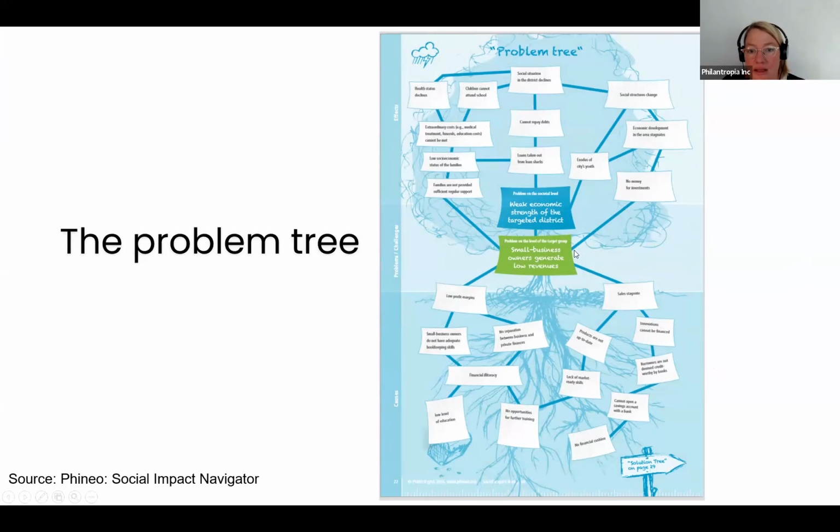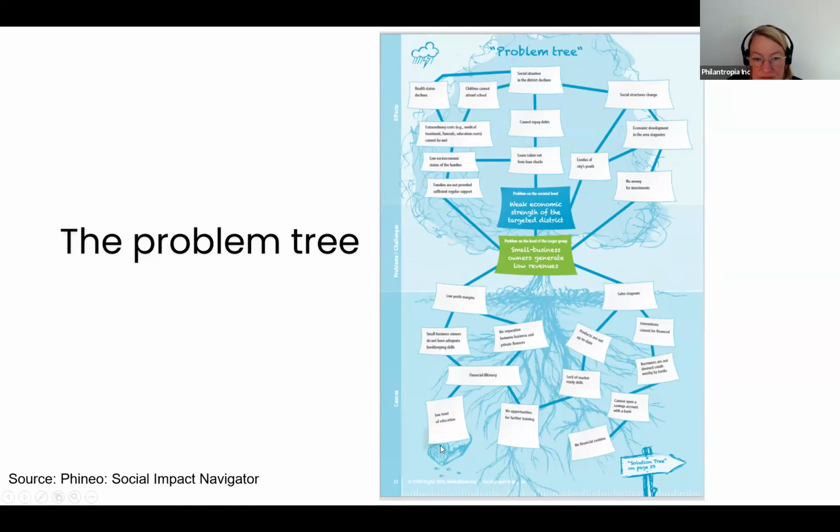The problem on the level of the target group, again divided in those two levels I was talking about, is small business owners generate low revenues. On the societal level, it is weak economic strength of the targeted district. And then you have all the reasons why that happened, and then the effects of the issue on the top.